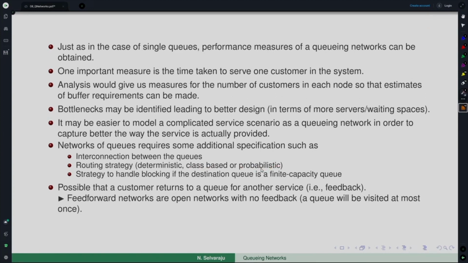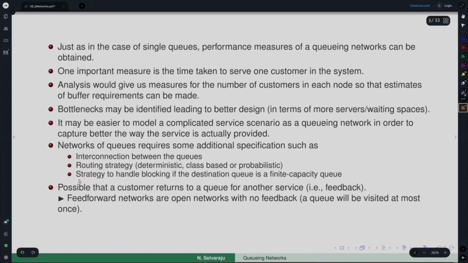In all these ways, whichever strategy is being followed, you need to specify it under the routing strategies. So that is the first aspect of interconnection, and how the customer moves from one queue to the other is given by the routing strategies.